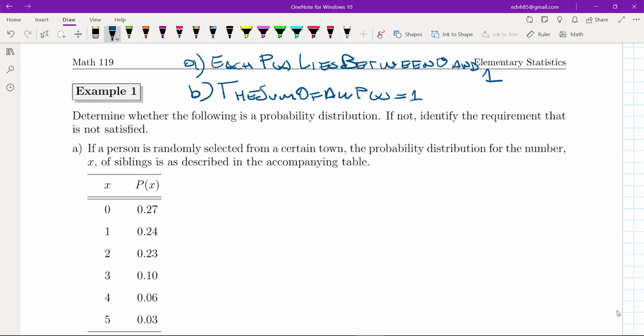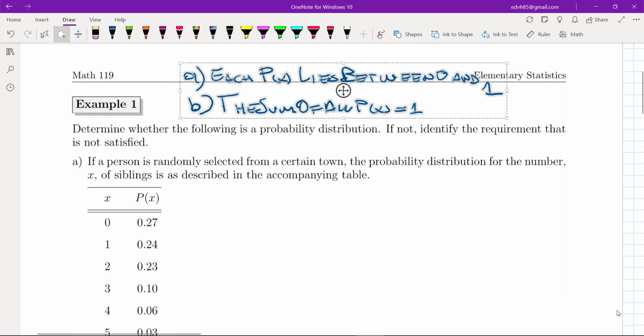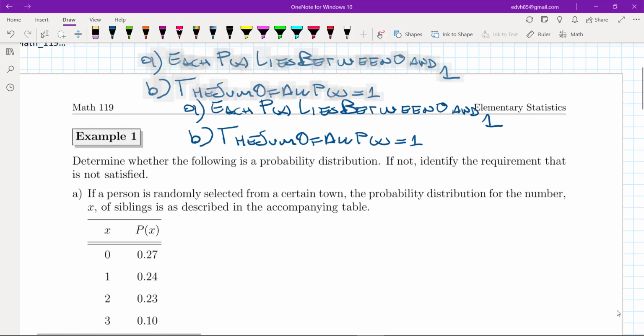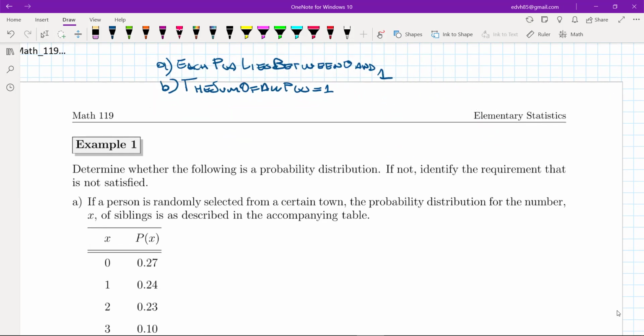We could add a couple more points here, by the way, like letter C. Let me make some room here too, so I can fit everything here. So let me put it up here, make it smaller perhaps, and no negative probabilities.